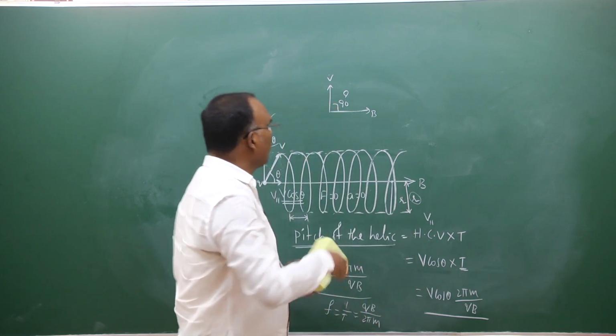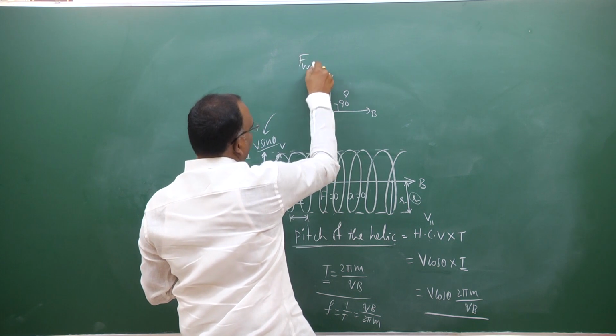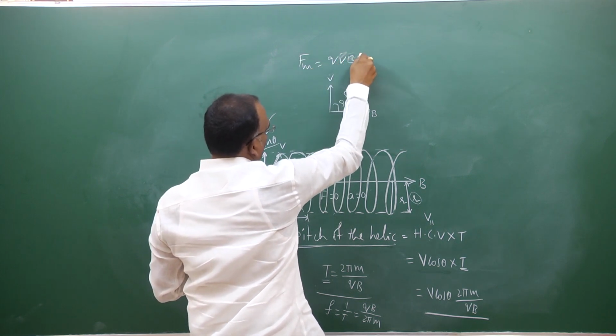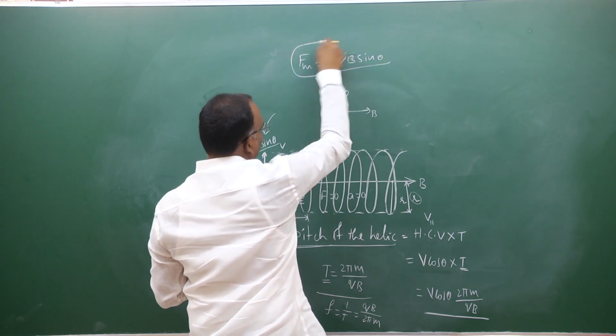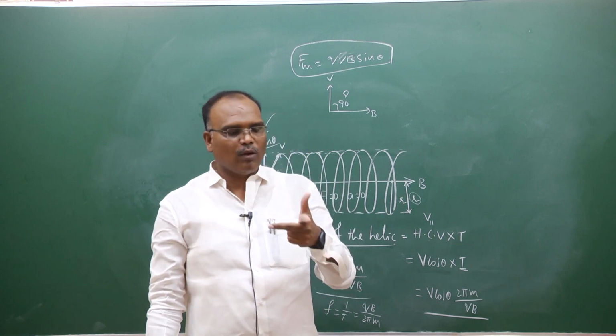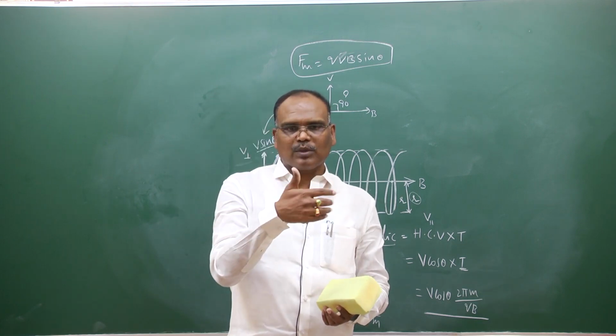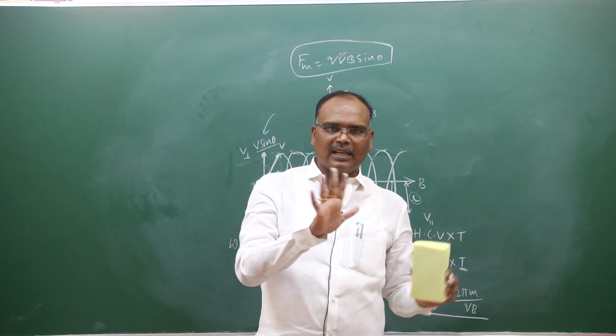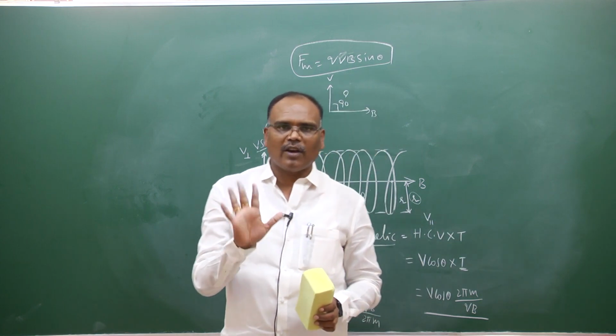The magnetic force is QVB sin theta, which gives the magnitude. The direction of force can be found using Fleming's left hand rule or the right hand thumb screw rule, whichever is comfortable in the given application.